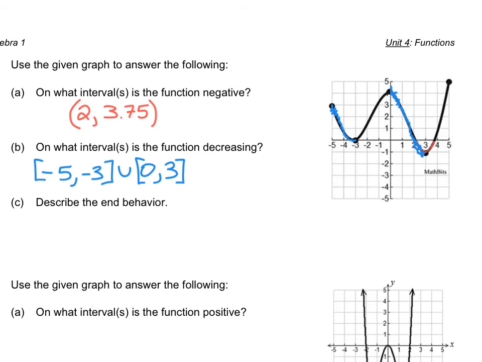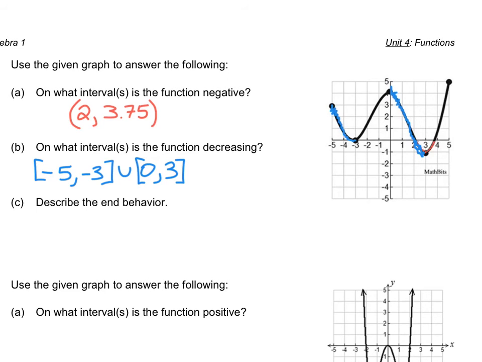The end behavior. Well, they're solid endpoints. So the end behavior, when we were talking about it on the previous page, we were talking about whether it goes to infinity or negative infinity. Well, that only happens if it has arrows.